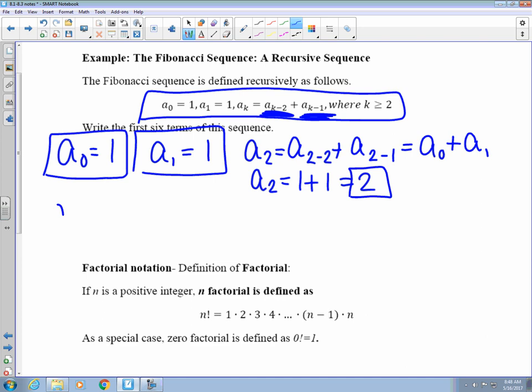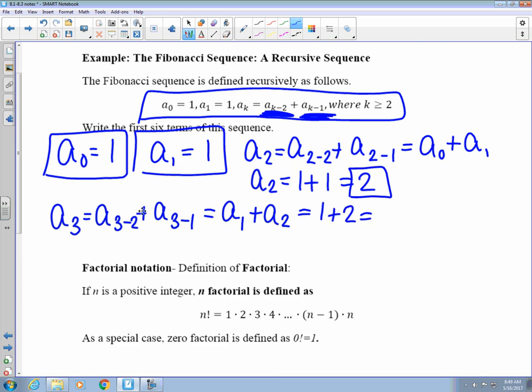Okay, let's see how that looks for a sub 3. A sub 3 minus 2 plus a sub 3 minus 1, which is a sub 1 plus a sub 2. Okay, so a sub 1 was given as 1 and a sub 2 is 2. So that's 3.